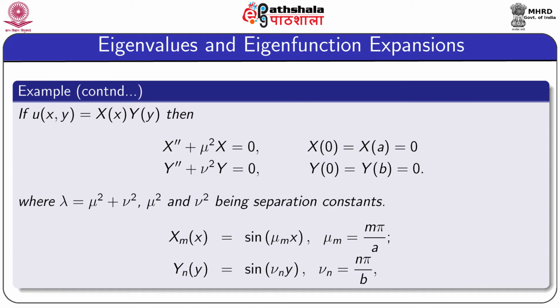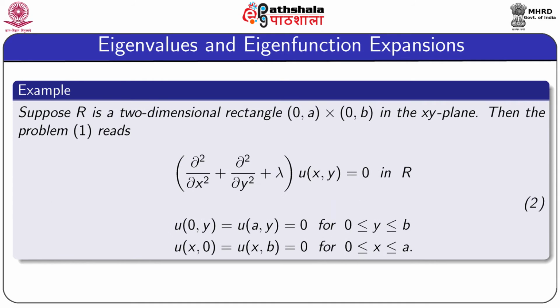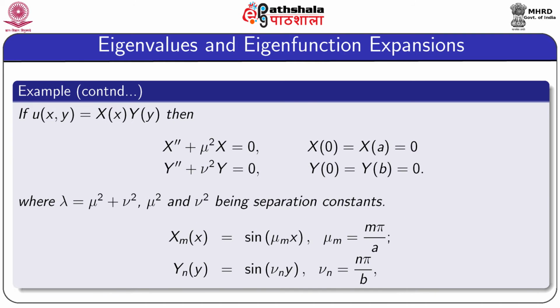Substituting this expression for u in the Helmholtz equation here in system 2, it is easy to find the equations for capital X and capital Y as X double dash plus mu square X equals 0 and Y double dash plus nu square Y equals 0, where X double dash and Y double dash represent the second order derivatives of capital X and capital Y with respect to small x and small y respectively.